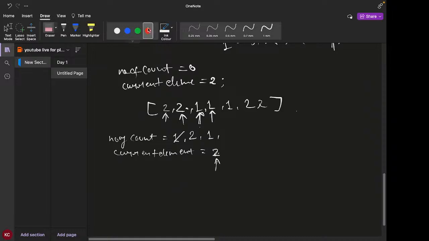So what I will do, I will apply the same logic here.